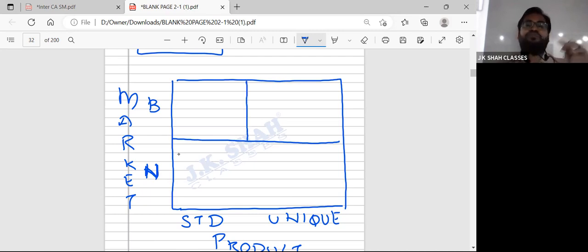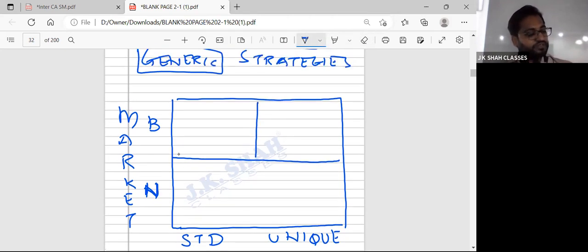How many kinds of products? Two products: standardized, unique. Can you tell me the combination of the first? Standardized product, broad market. Second, unique product, broad market.